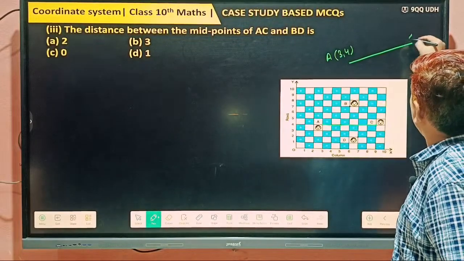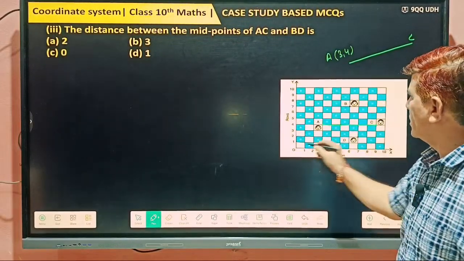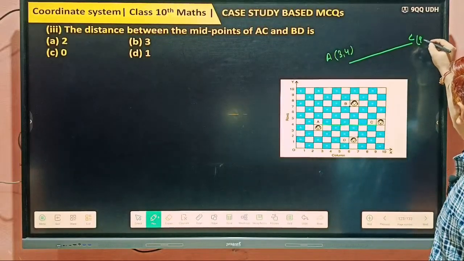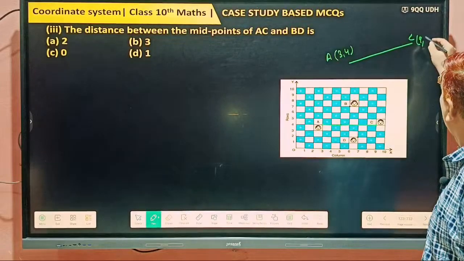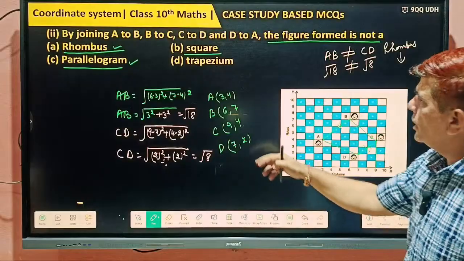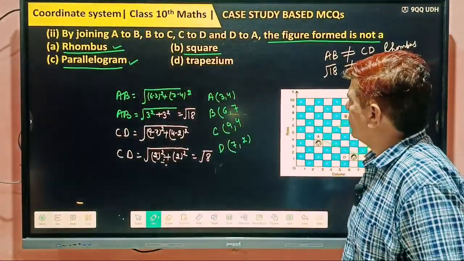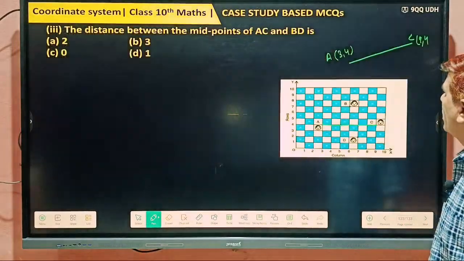Distance of C coordinate, what is this? Distance this 9. And what is this? 1, 2, 3, 4. Here also I told you. What are the coordinates of A? 3 and 4. What are the coordinates of C? 9 and 4. And what you have to tell?